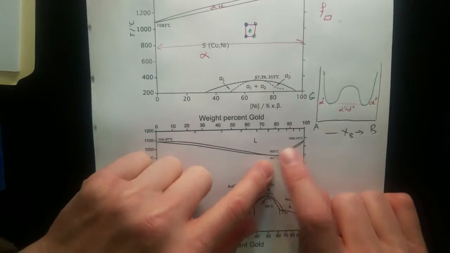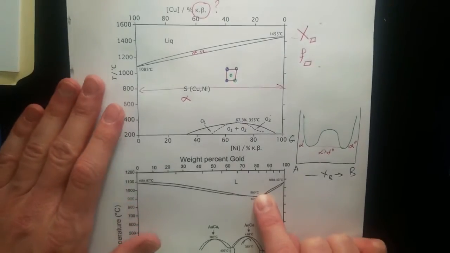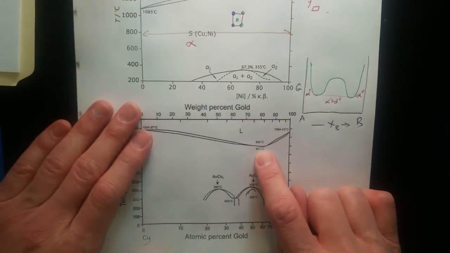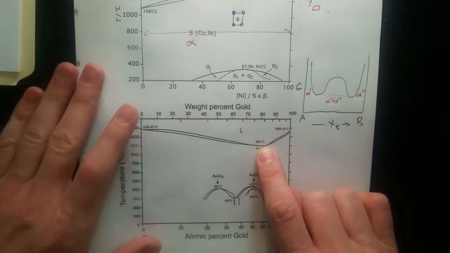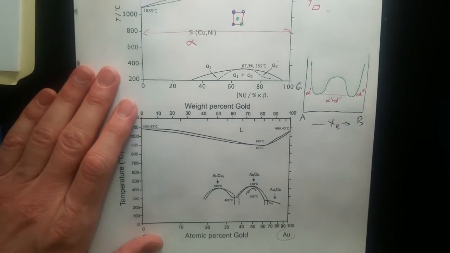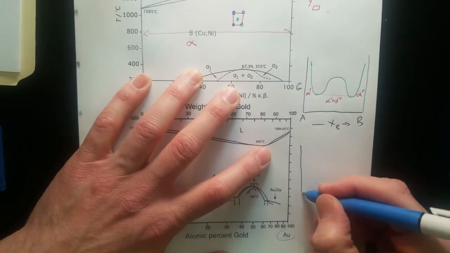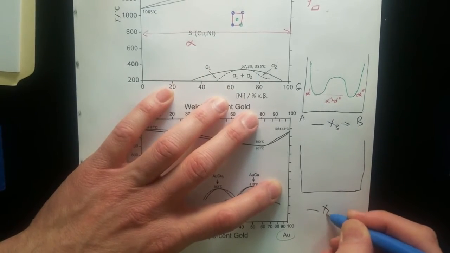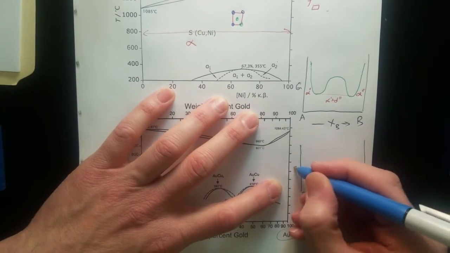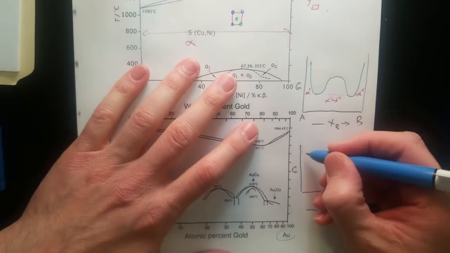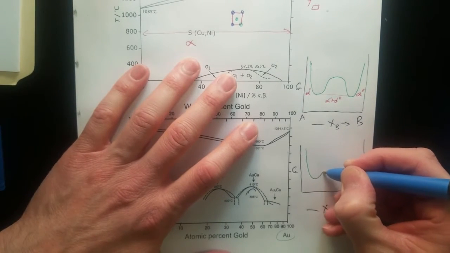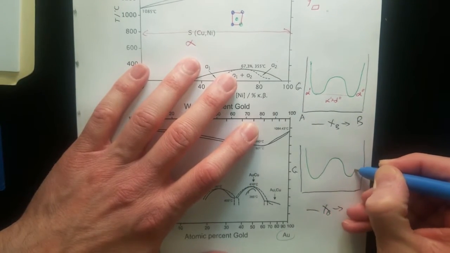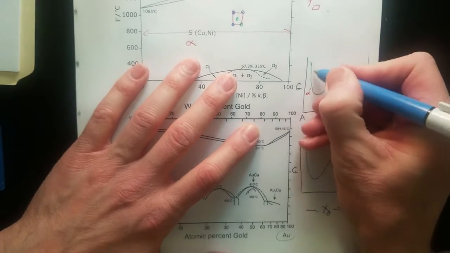When you have a congruent point such as this, then you have something that will look like this. So this is our alpha curve.